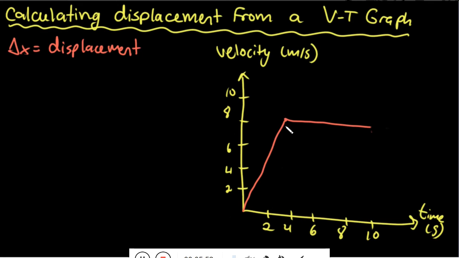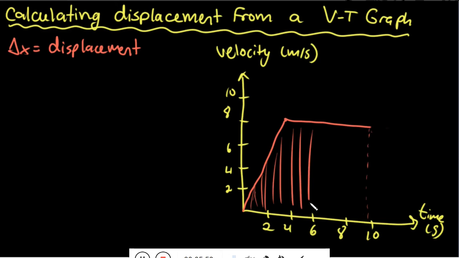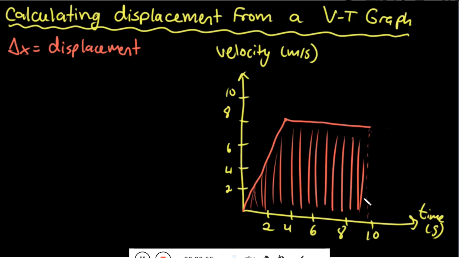So in this case, we consider this area right in here. Now, we could find the area of this shape. It's a trapezoid. We could find that area. But I like to break it up into different, simpler shapes.